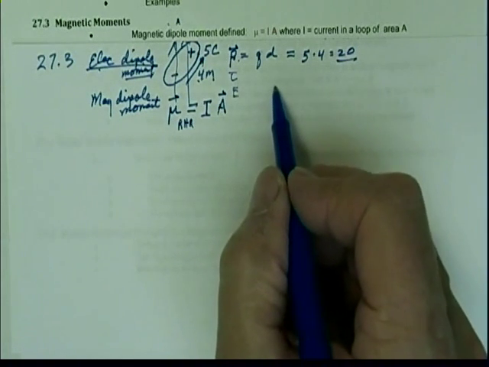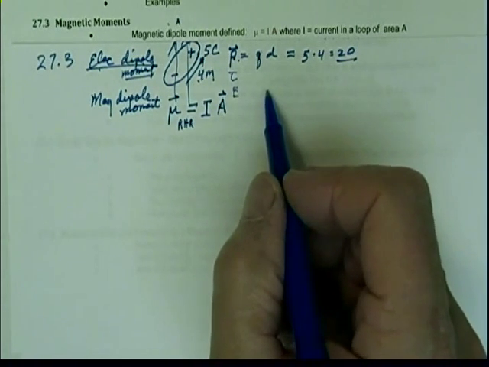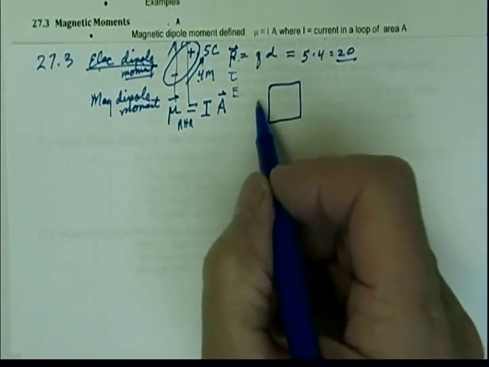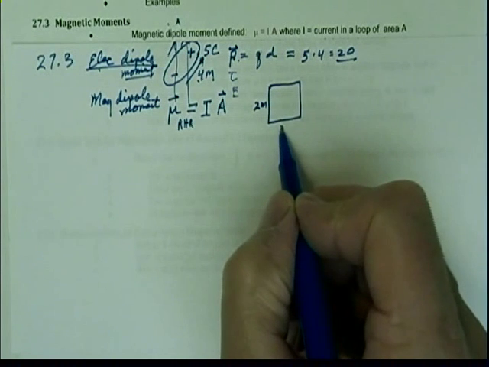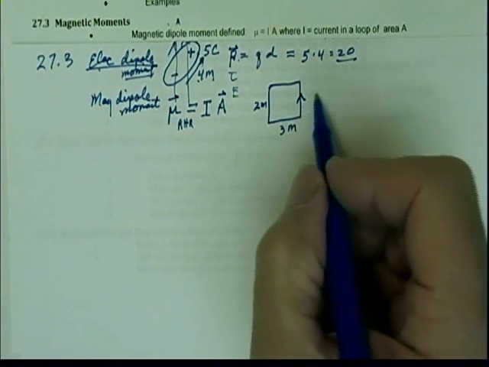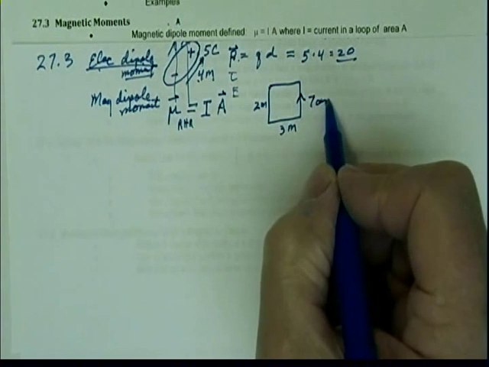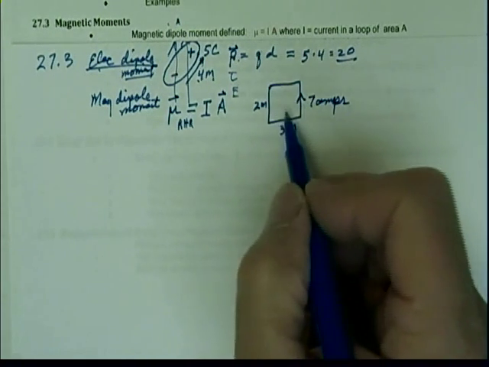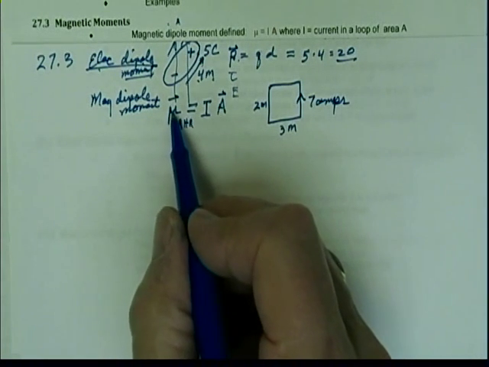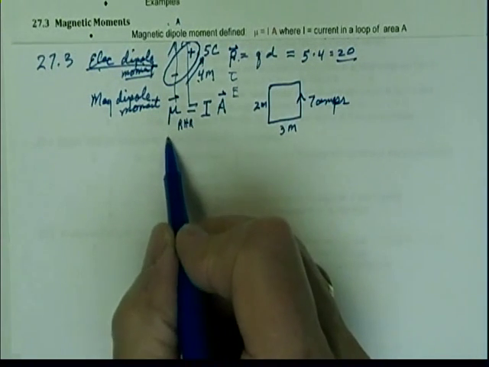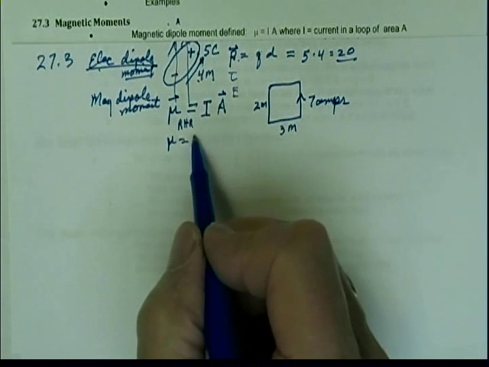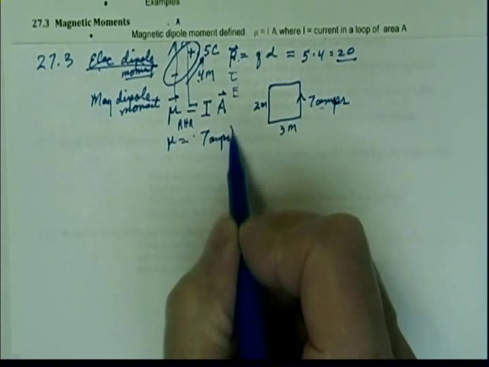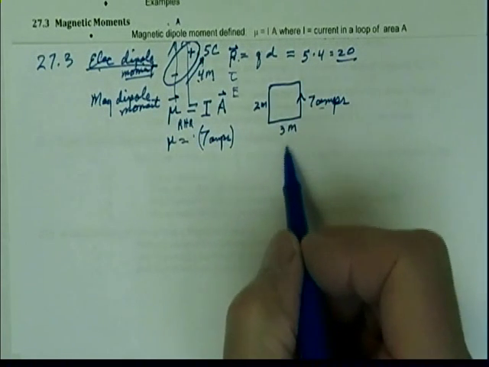So, for example, the easiest way to figure this out is to work a simple problem. Let's imagine we have a rectangle. It's 2 meters by 3 meters, and it has 7 amps going around in a circle. Well, how do we compute the magnetic dipole moment? Well, mu is going to be equal to the current, which is 7 amps, times the area of the loop.